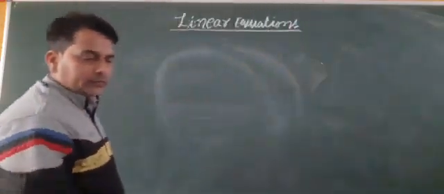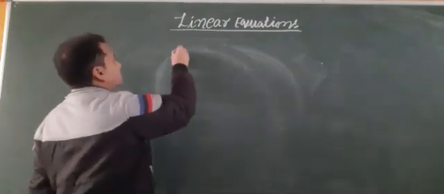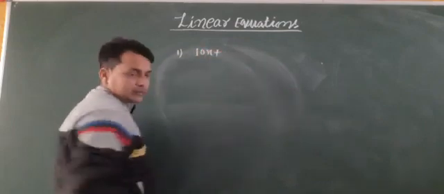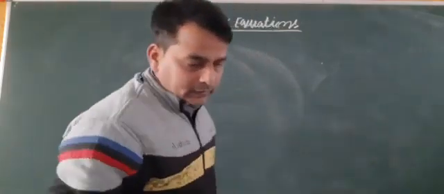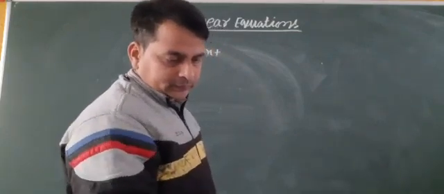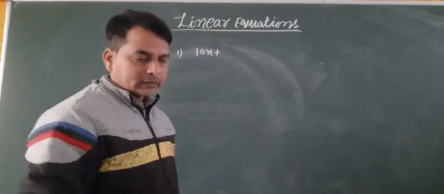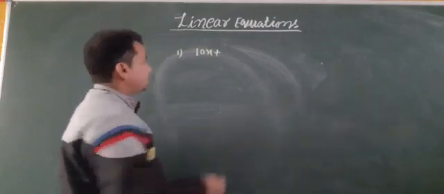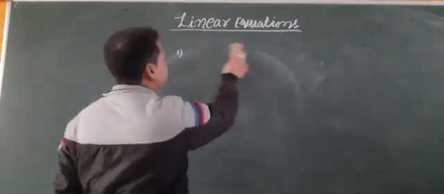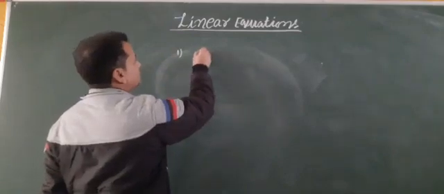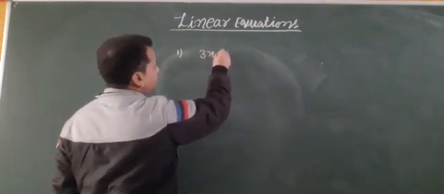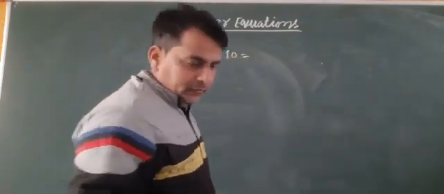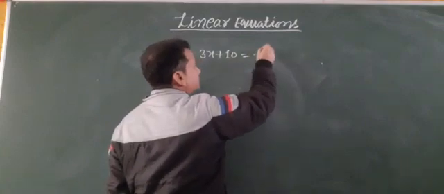So here is the first question: 3x plus 10 equal to minus 14.